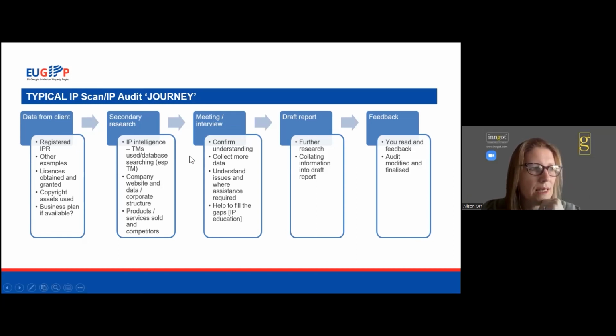What you will see on my screen, I think I'm still sharing okay, is a typical journey of an IP scan or a wider IP audit. And right at the beginning, the forms that you will send out to your client or to the SME hopefully will allow them to share some initial information on the types of IP rights they have registered.